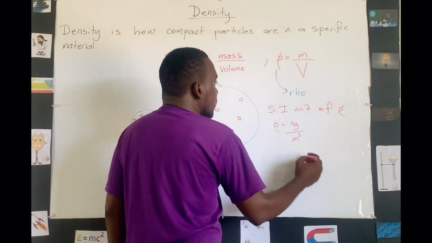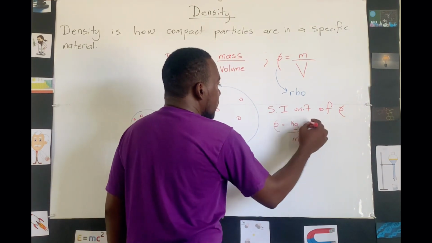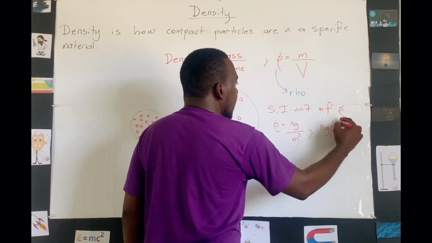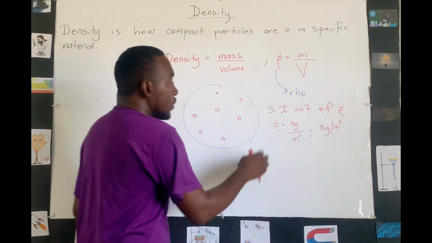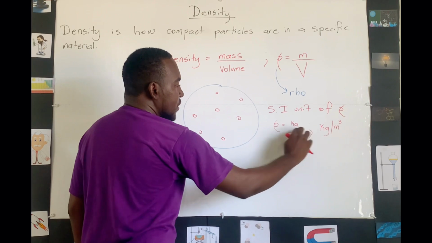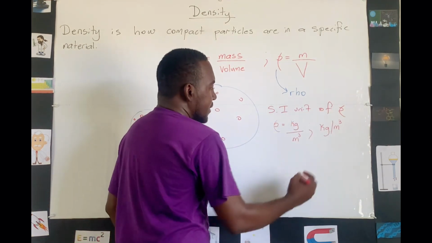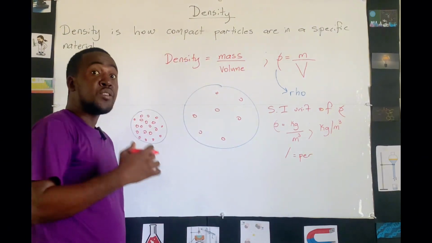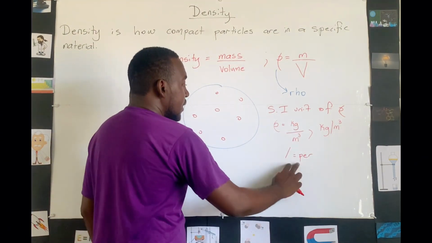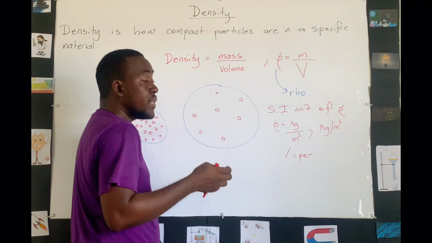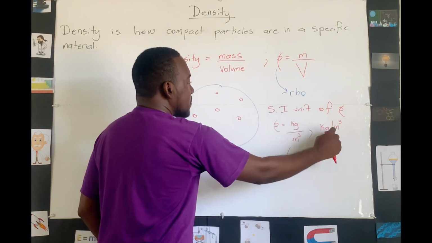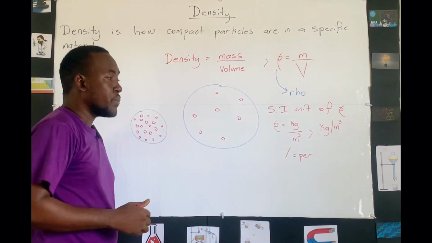So in this case, the unit of density would be kilograms slash m cube. So we don't use this division sign, we use a slash, and that slash means per. So whenever you see a unit that has a slash in it, it means per, and that per means it was divided by that unit. So in this case, kilogram is being divided by meter cube.